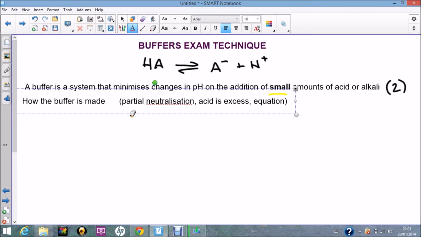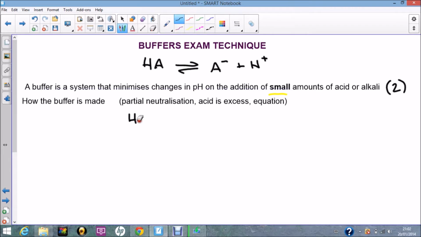So for example, if I take this acid up here, my acid is HA, I'll pick an alkali to react it with. If I go for sodium hydroxide, I'm going to get a salt formed from the negative ion and the metal, and I'm going to get some water.